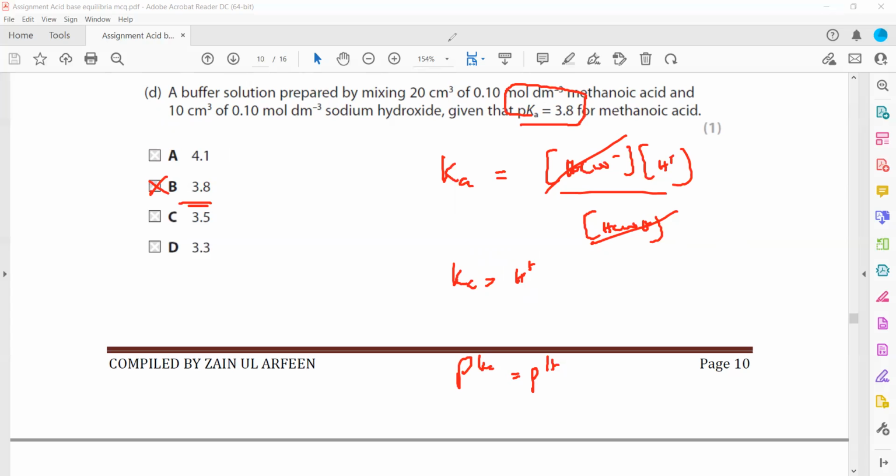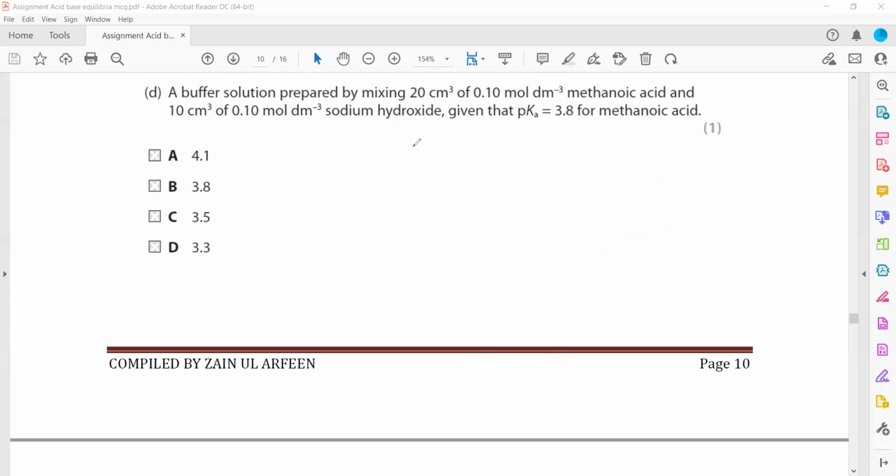So basically, instead of using this long method, this is called a half equivalence point. Half equivalence point means half of the acid is used up and the amount of the acid is the same as the amount of the salt produced. You can see 20 cm cube 0.1 and 10 cm cube 0.1.